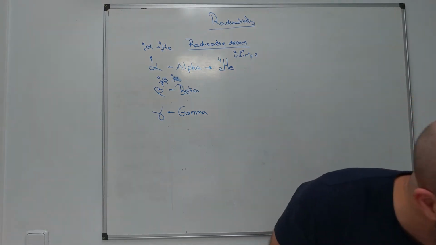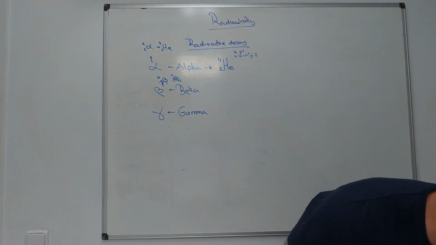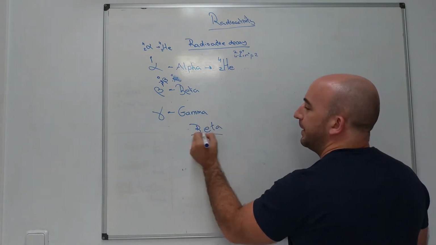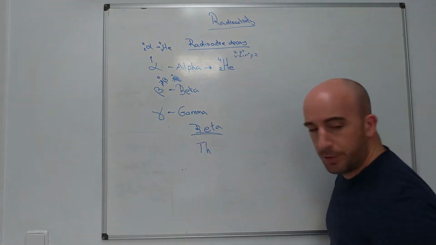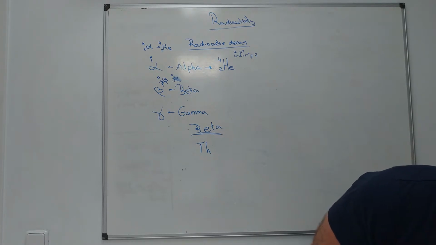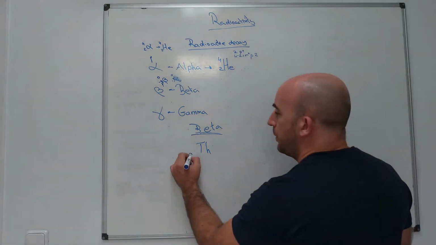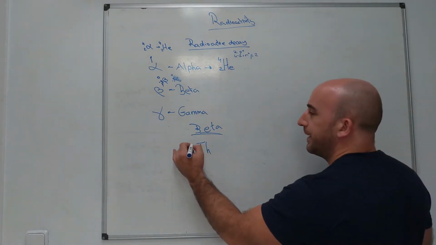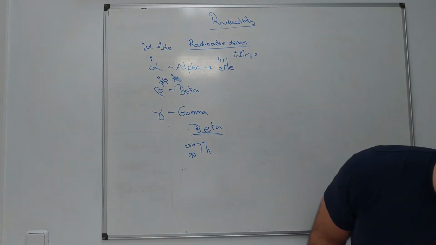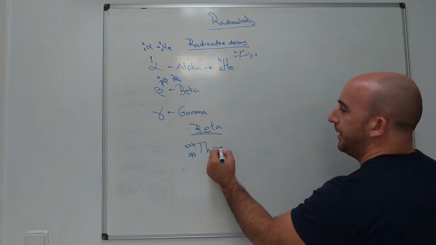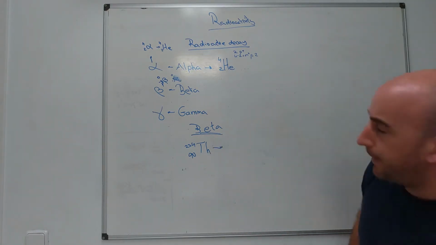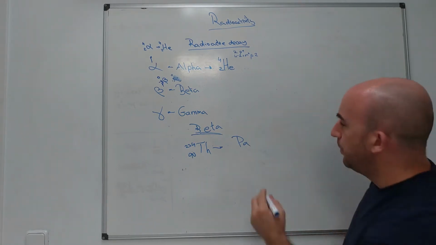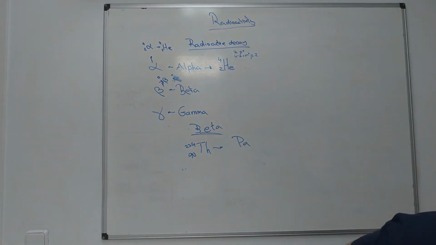Okay, so let's look at an example of beta decay, in a negative beta decay, where the thorium, which we saw was 90 and 234 in this case, is going to decay to become 90. I'll put the numbers there.